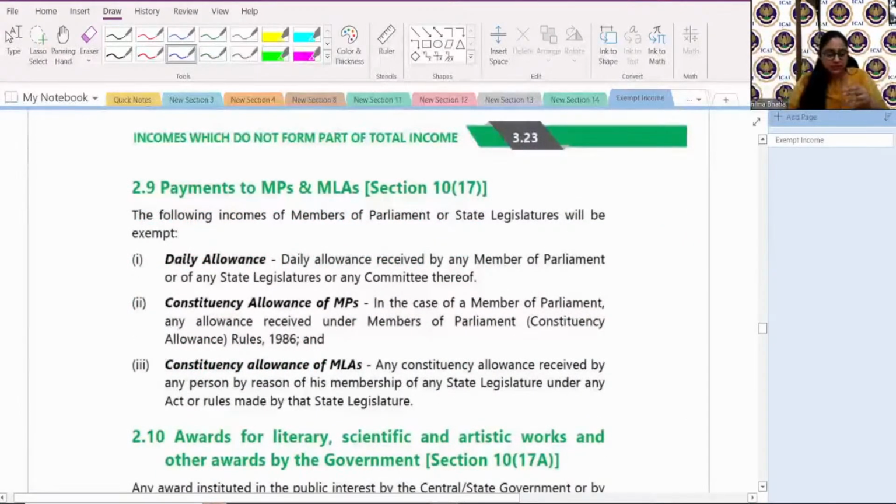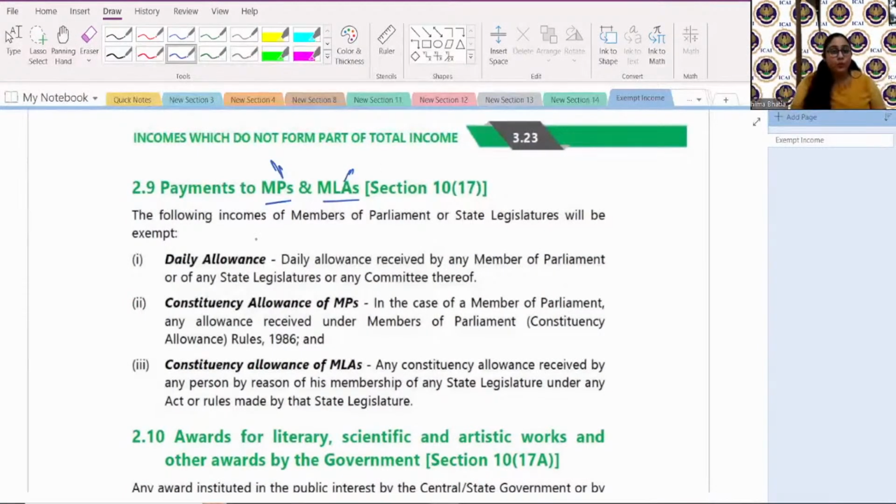Next, section 10 clause 17. Section 10 clause 17 says payments to MPs, MLAs, the member of parliaments and member of legislative assembly. These are for your central government. These are for your state governments.